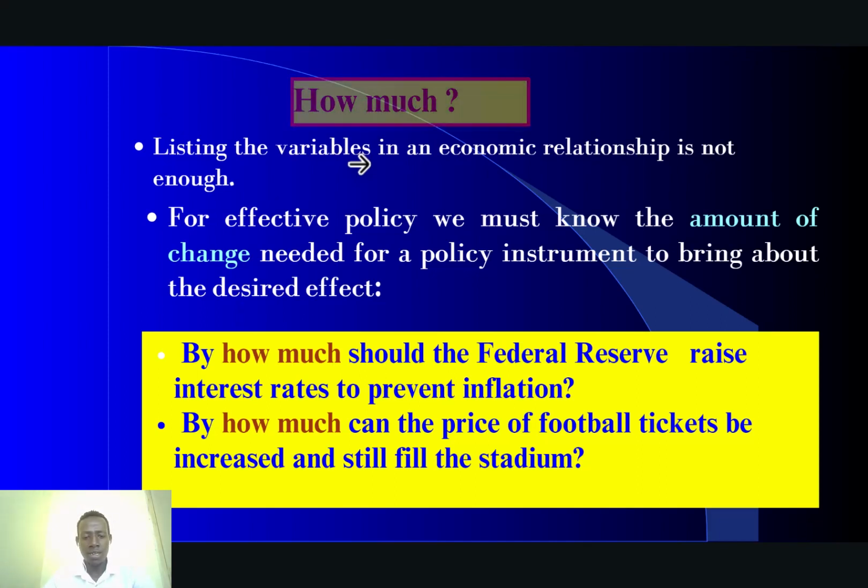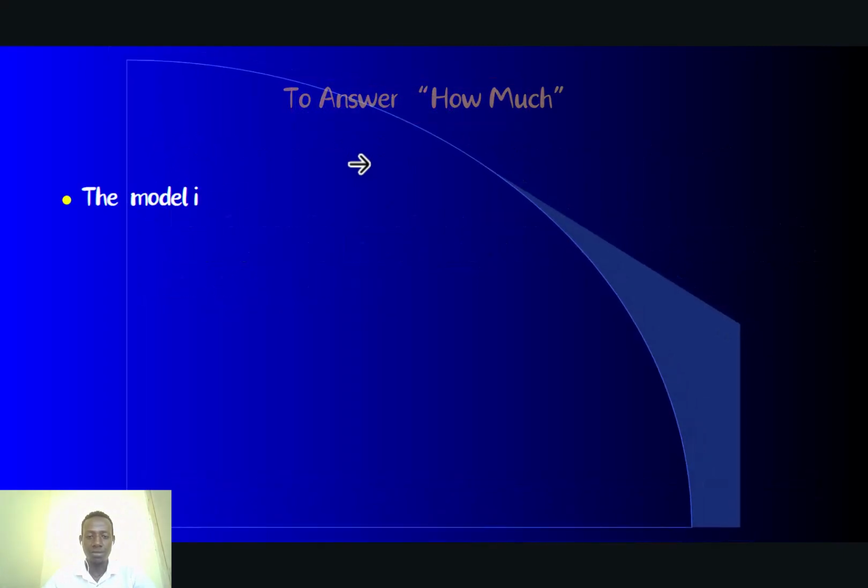If we don't know the magnitude, it's difficult to make a change to one variable so that the other can be controlled. So this is why we need the course econometrics.